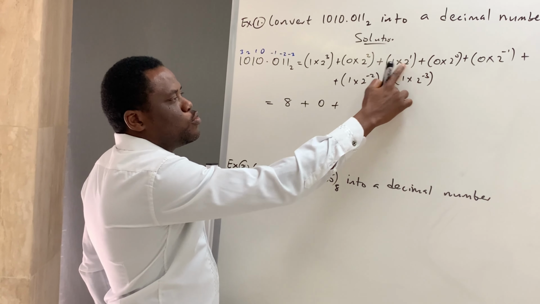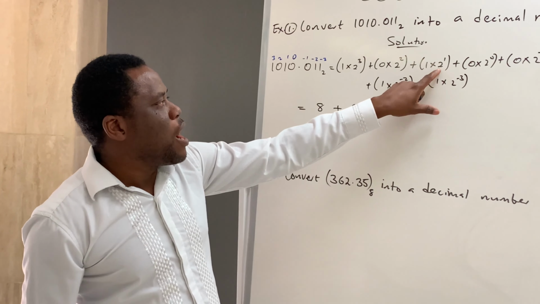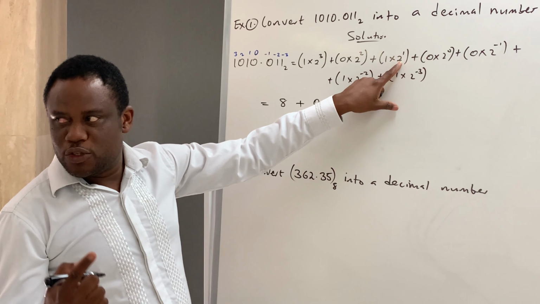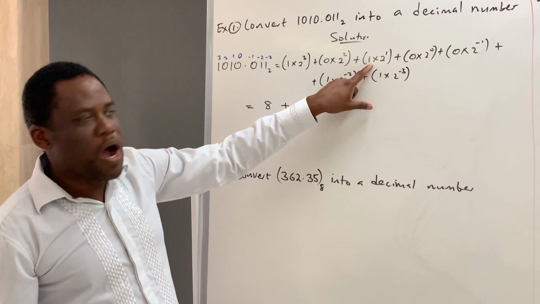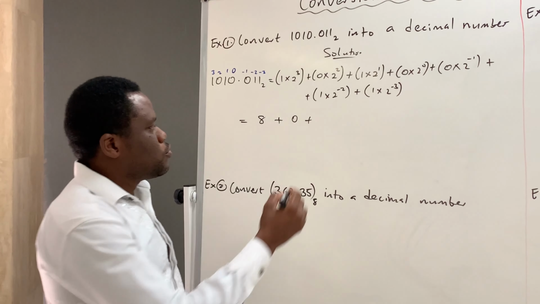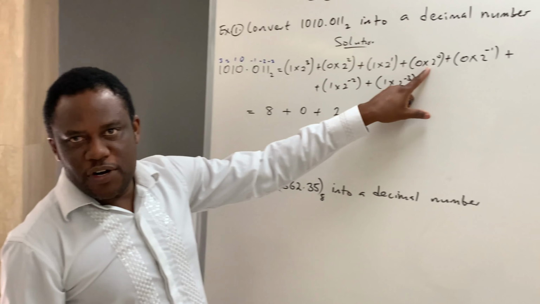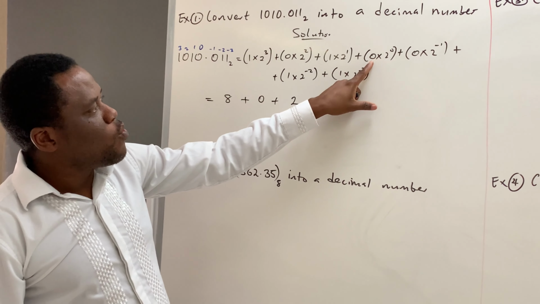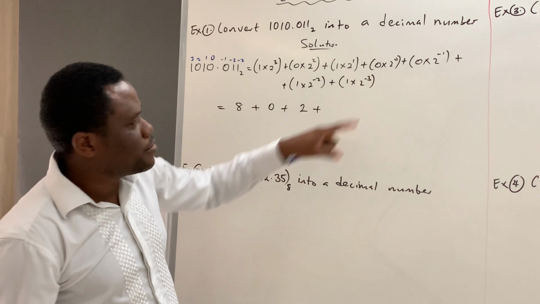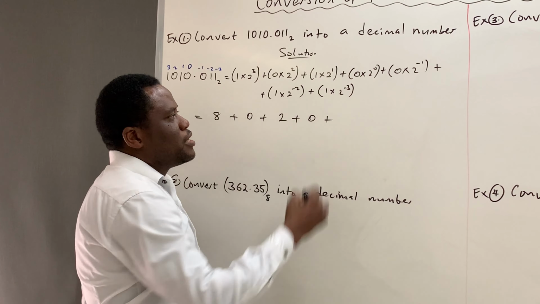Plus 2 to the power of 1 is 2, times 1 is 2. So we have 2. Next, any number to the power of 0 is 1. 1 times 0 is 0.